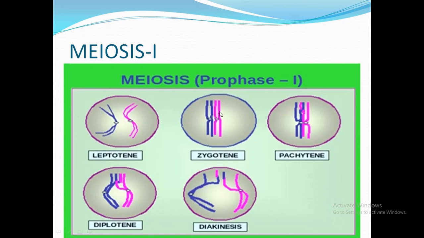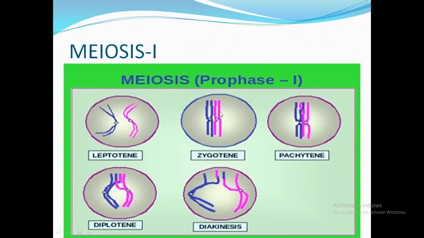Now, during synapsis, each pair of homologous chromosomes, one pair is shown here. Once the two homologous chromosomes align themselves, this is what we call synapsis. The synapsis has two chromosomes, a pair of homologous chromosomes.